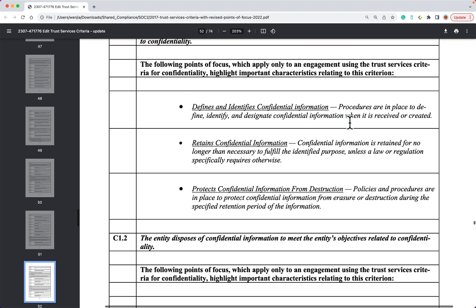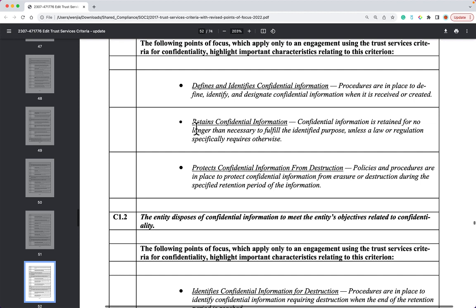Not only that, but every time they receive or create some new info, they need to make a decision if this is confidential information. If it is, what measures we should take. If it's not, then maybe nothing, or some potential confidentiality measures should be taken.